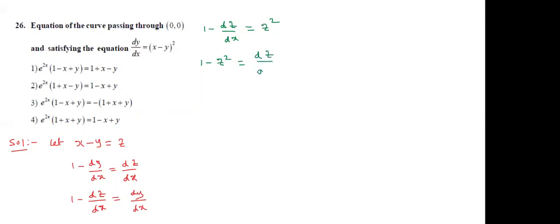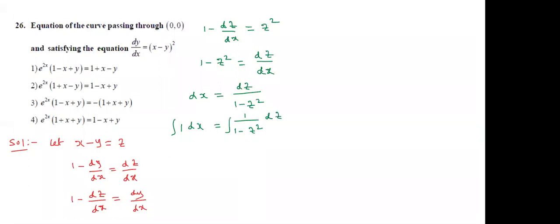1 minus z square is equal to dz by dx. Now separate the variables. Dx is equal to dz divided by 1 minus z square. Apply the integration on both sides. Integration 1 dx is equal to integration 1 by 1 minus z square dz.